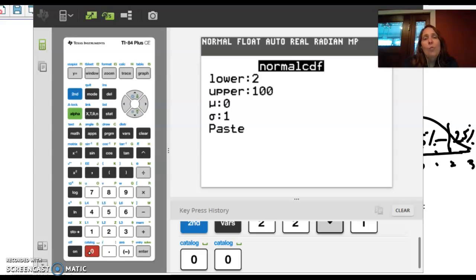Now, technically, if you wanted to skip the idea of z-scores, you could use your lower x boundary and your upper x boundary and input the mu and sigma from the original problem. That would be okay. It's not my favorite. To be quite honest, I like always going through z-scores because it shows that we understand the whole process. It also signifies to whoever is looking at our work that we know we have a normal distribution, instead of having to write it in a sentence.